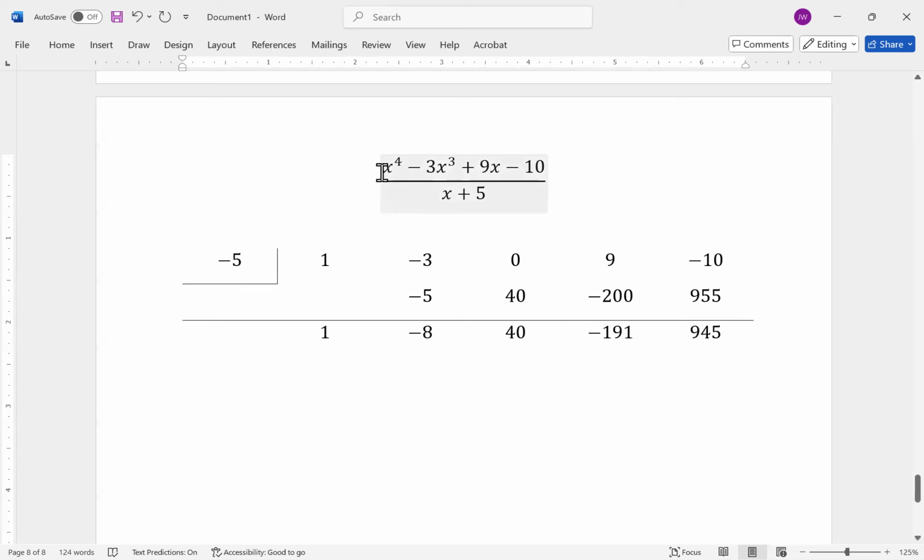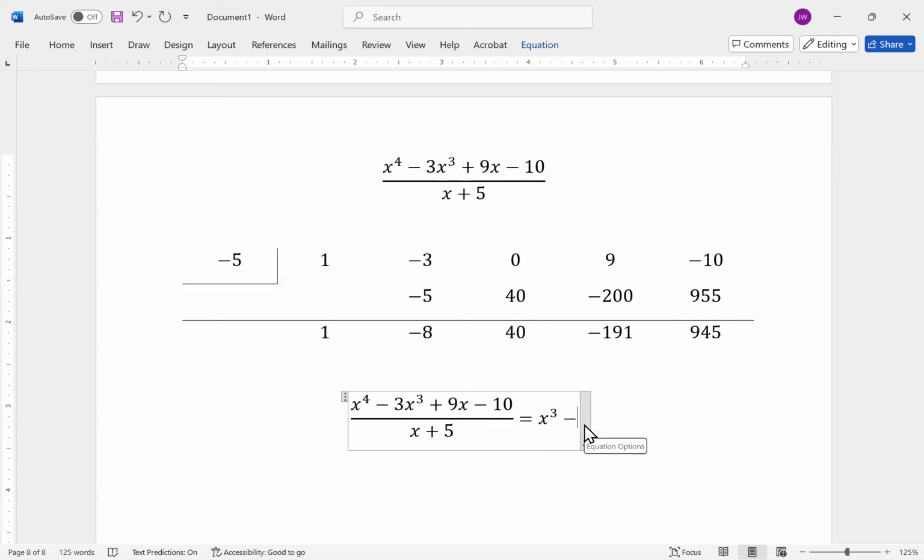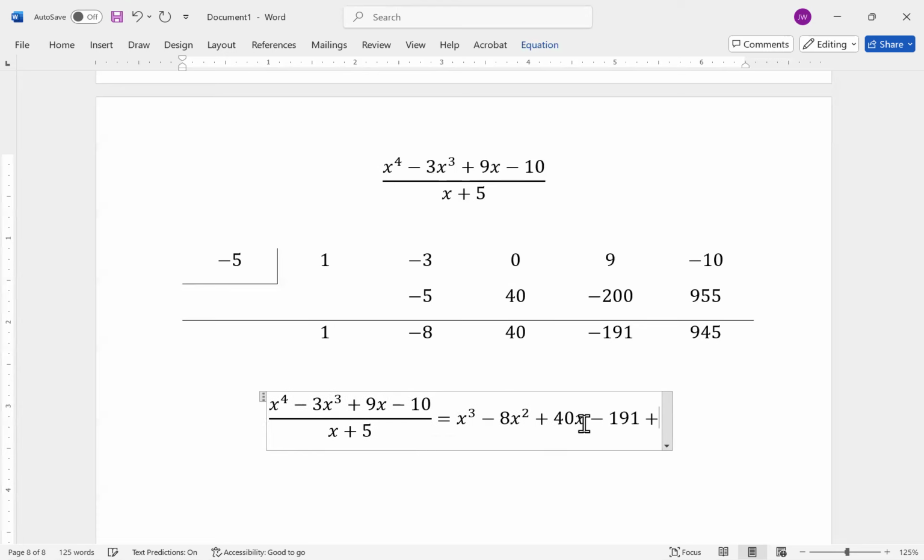So what I end up with is that this polynomial is equal to x to the third minus 8x squared plus 40x minus 191 plus a remainder of 945, or you can write plus 945 over x plus 5 if you'd like.